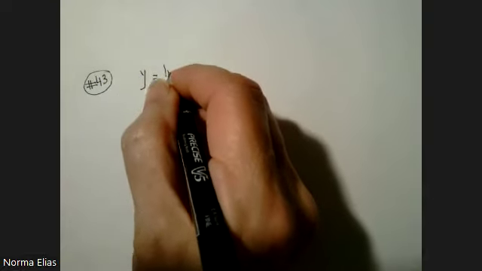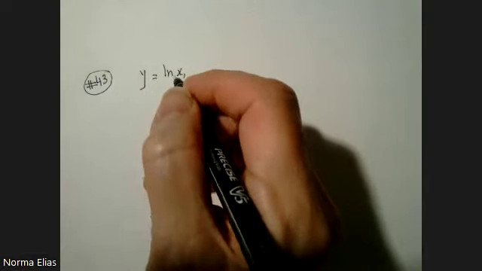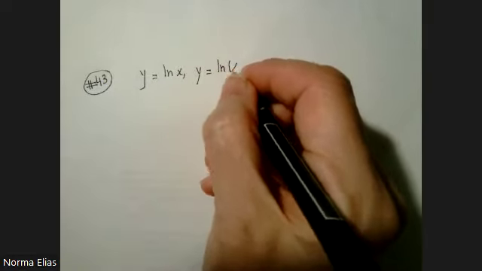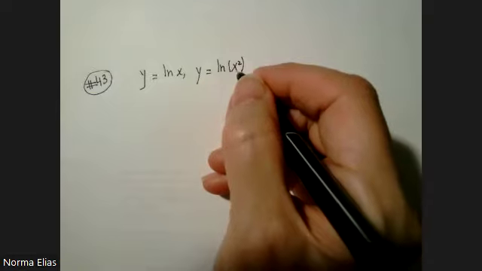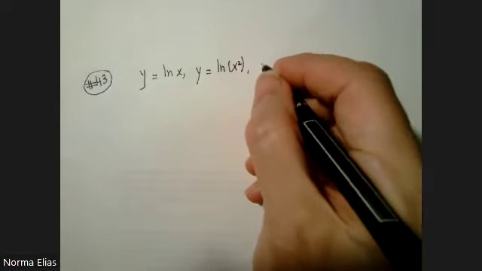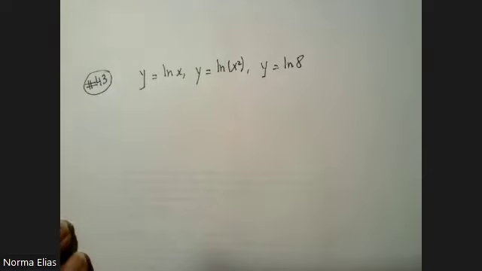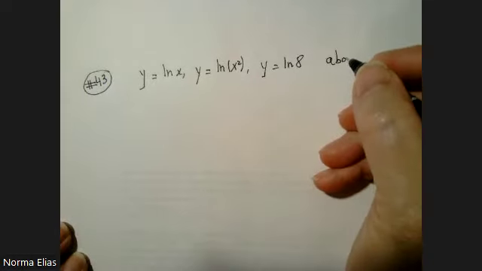We have the graph of y equal ln of x, y equal ln of x squared, and y equal ln of 8, and we have to rotate about the y-axis.